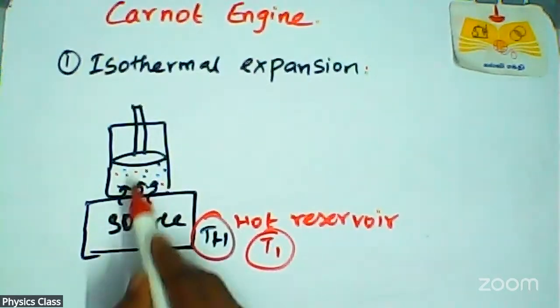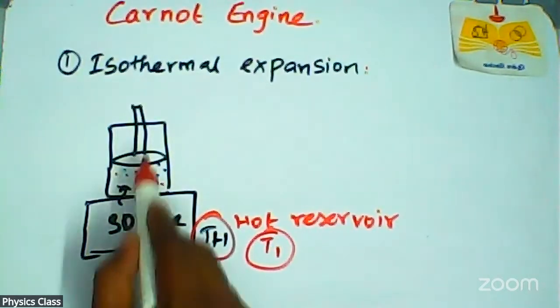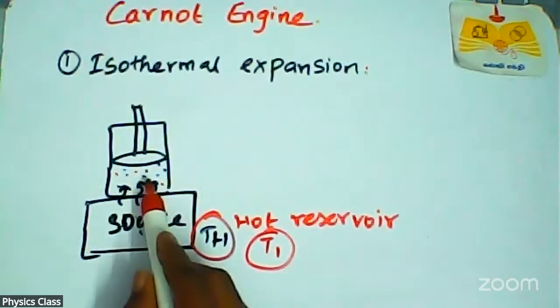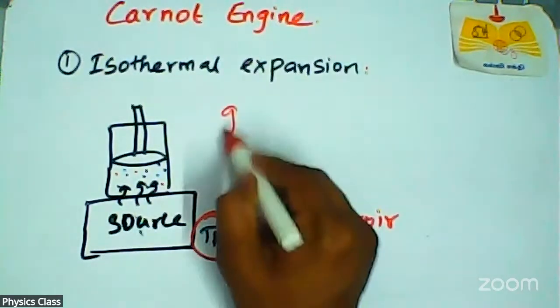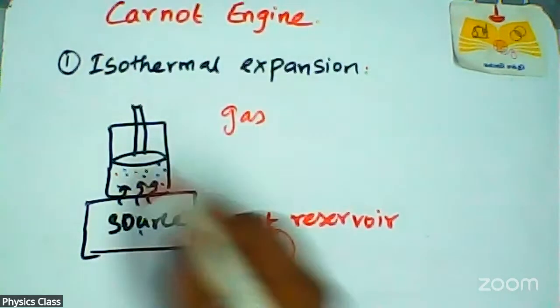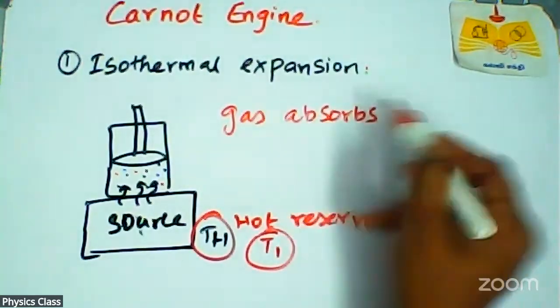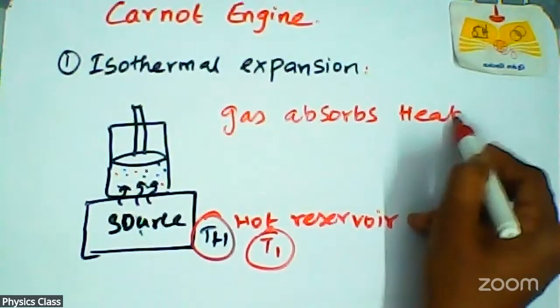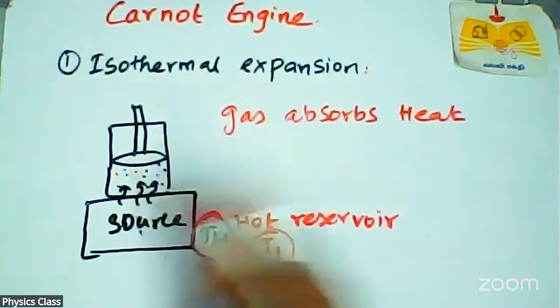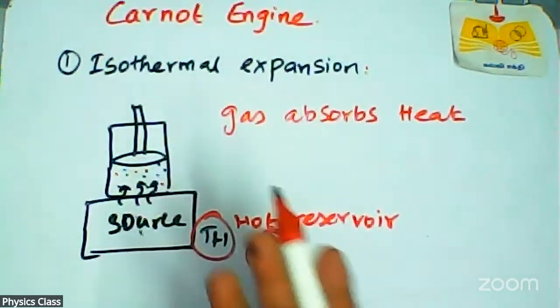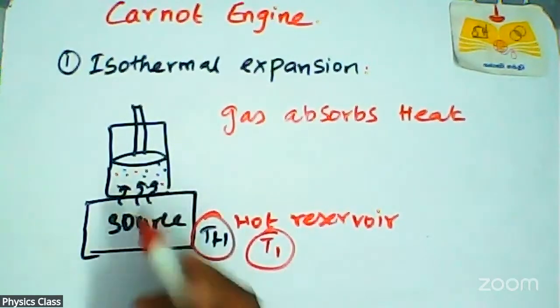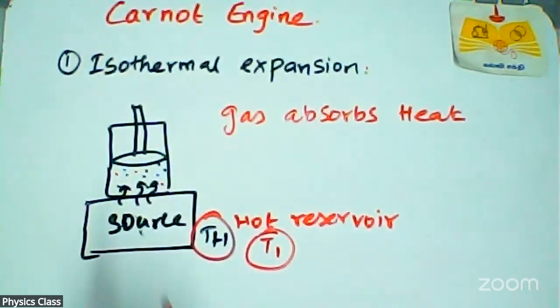The heat goes into this gas. So the gas absorbs heat. This is step 1. The gas absorbs heat from the reservoir, that is the hot reservoir.